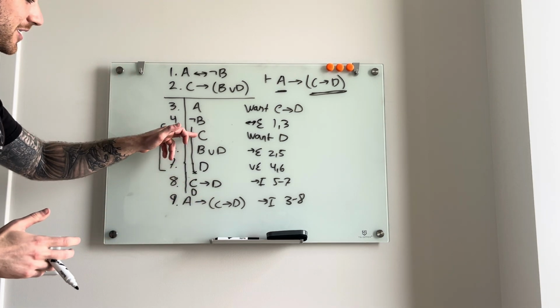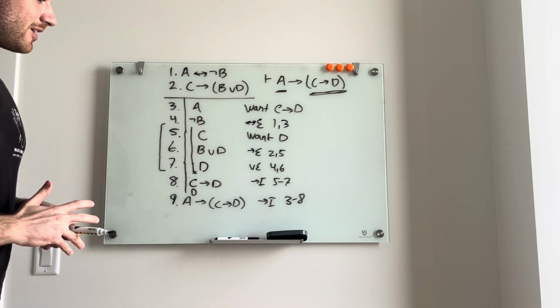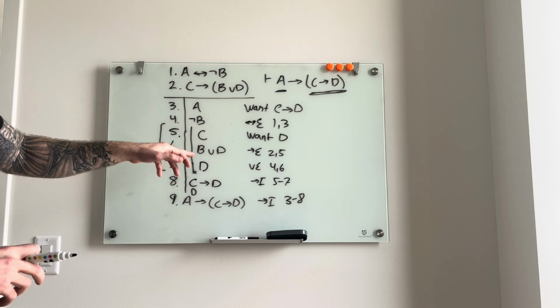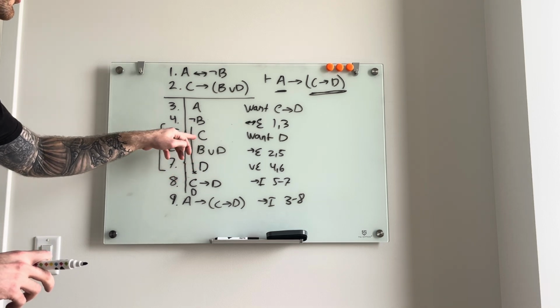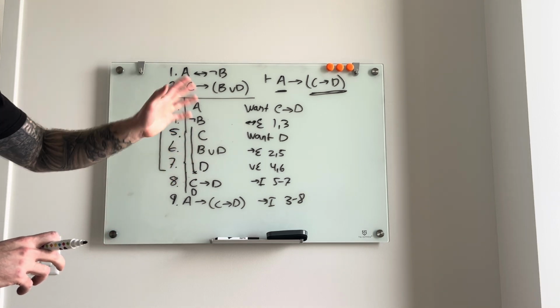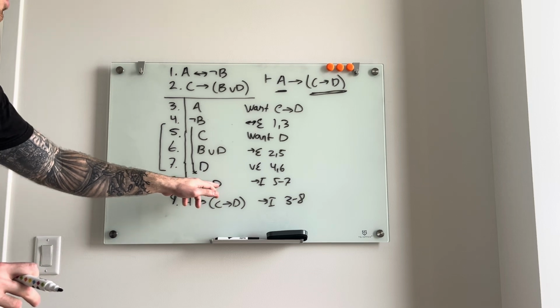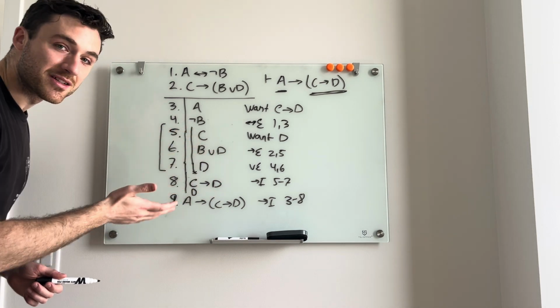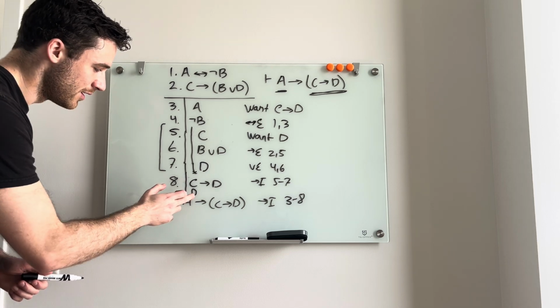I can't do that because once I finish it, I've already discharged the assumption, right? I've already said, okay, this whole hypothetical situation of C being true is done with. It did its job because I proved that C implied D. I can't go pulling facts from inside this subproof anymore.